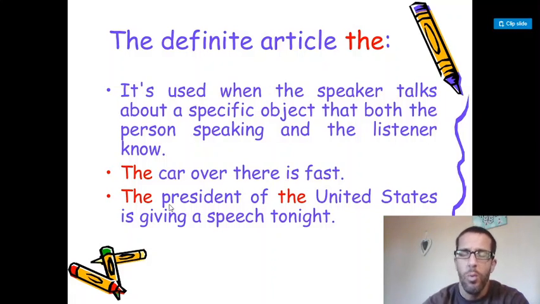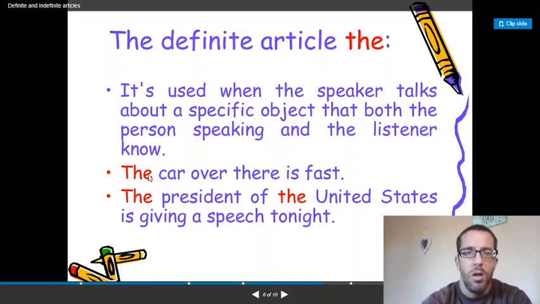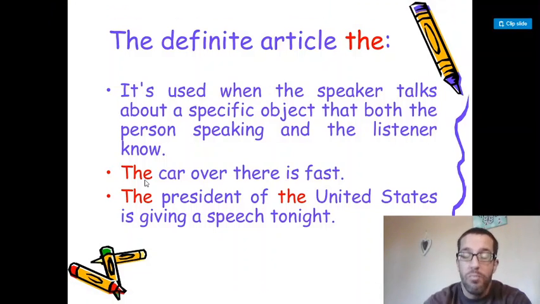So my first example there, the car over there is fast. When I'm talking about this, I would probably be pointing to the car because it's a specific car that I'm talking about. It's a specific car that is fast. It's not just any car.